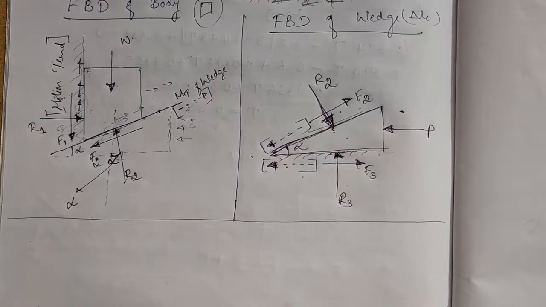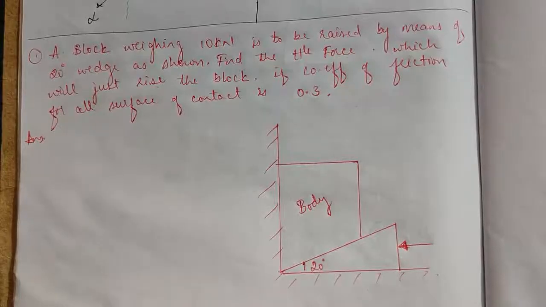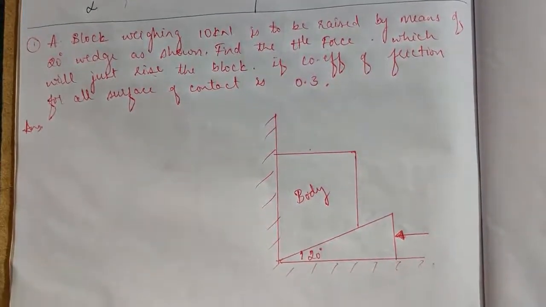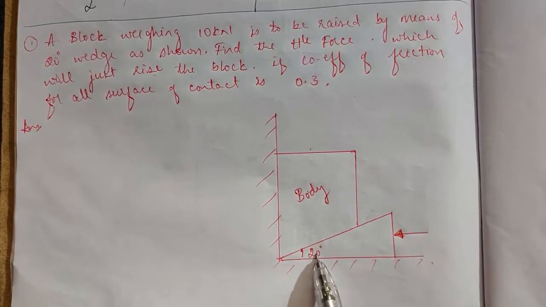We'll directly go to the problem so that you can understand more deeply. Fine, I'll write down the question. See the question here: a block weighing 10 kilonewton is to be raised by means of a 20-degree wedge as shown.